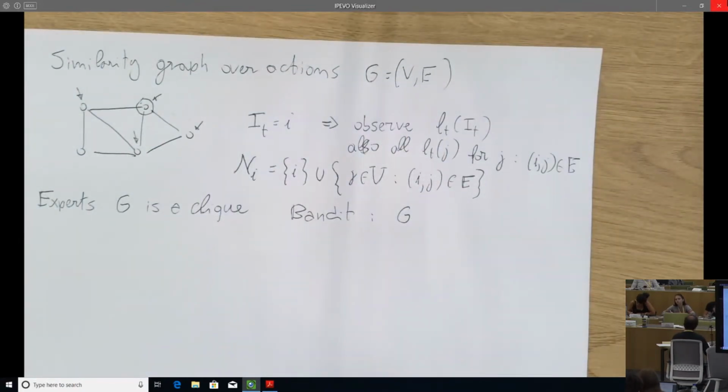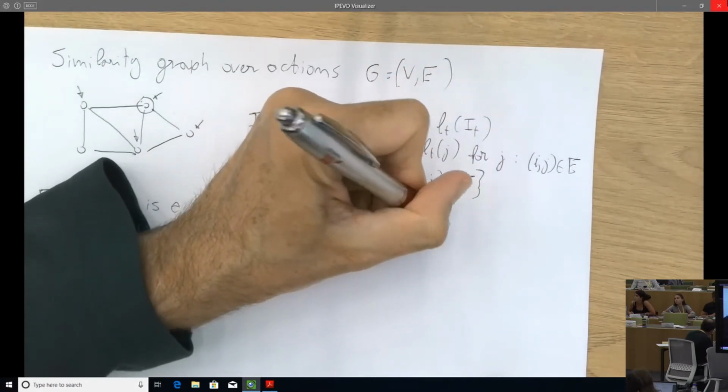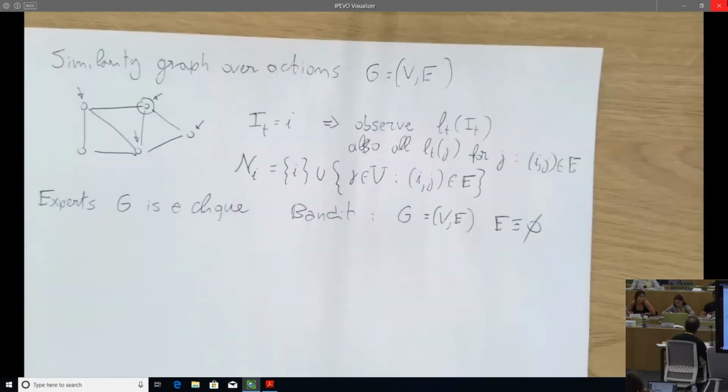G has no edges. Okay, because I only see the loss of the action I pick. So using this notion of similarity graph, I can interpolate between these two extremes. Either I see everything, I have full knowledge of my decisions, also those that I didn't take, or I have only the knowledge of the action I take.